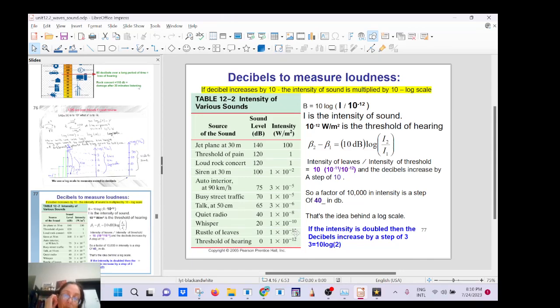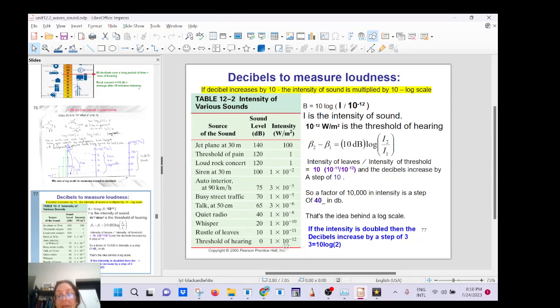So the human ear is not a linear device. If you increase by just one step, by 1, by 2, it's not going to be able to detect the change in intensity, right? It's going to detect it only if the sound is multiplied by 1.25 or multiplied by 2. So that's why we need a different scale here, and it's called a logarithmic scale. Okay, so let me explain.